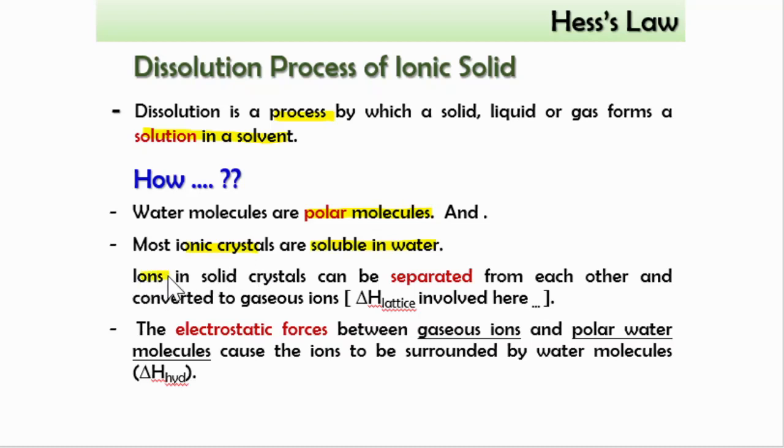So ions in the solid crystal can be separated from each other. Like the definition we saw earlier, your ionic solid will dissociate to form gaseous ions. For example, NaCl will dissociate to form Na+ ion in gaseous state and Cl- ion in gaseous state. Okay, the electrostatic forces between the gaseous ions and polar water molecules.